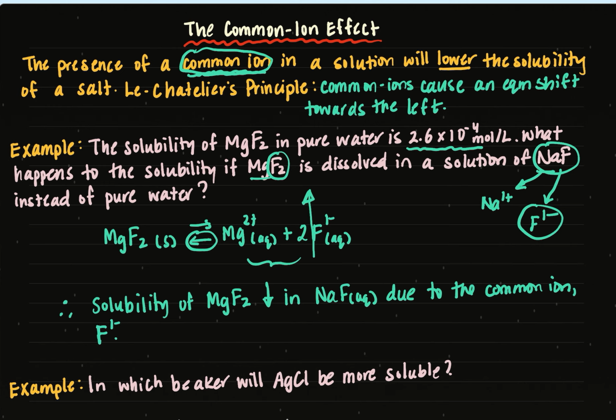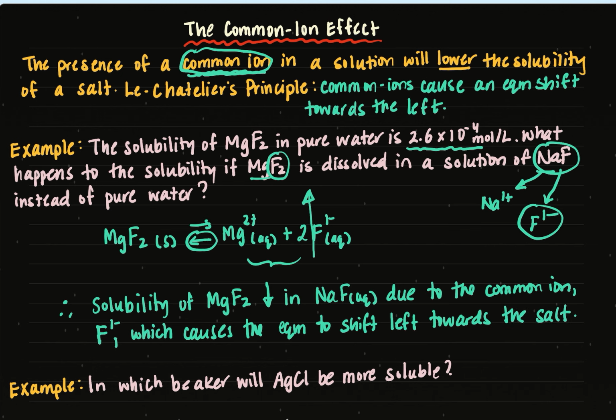The fluoride 1- ion will cause the equilibrium to move backwards, which again decreases that solubility. So, due to the common ion fluoride, which causes, you can word this better, I'm just thinking out loud here, the equilibrium to shift left towards the salt.